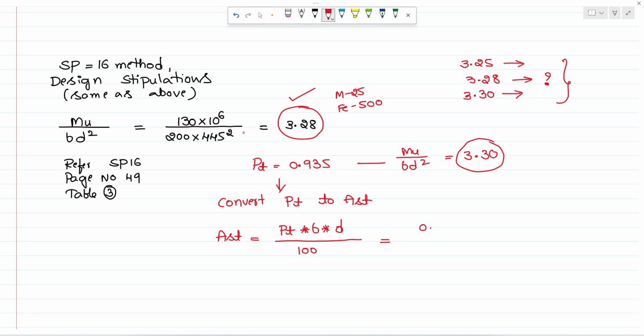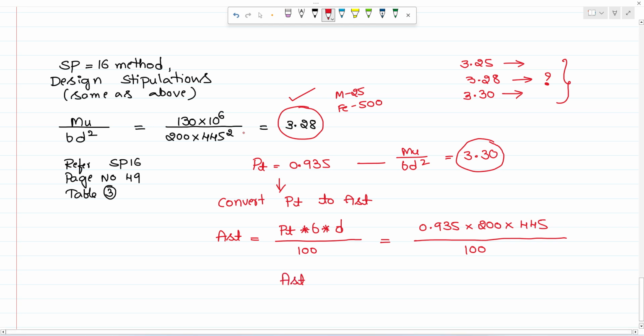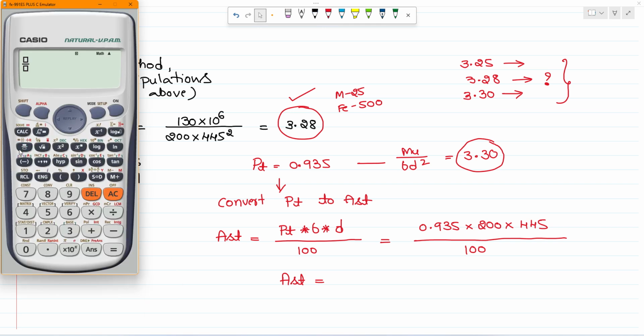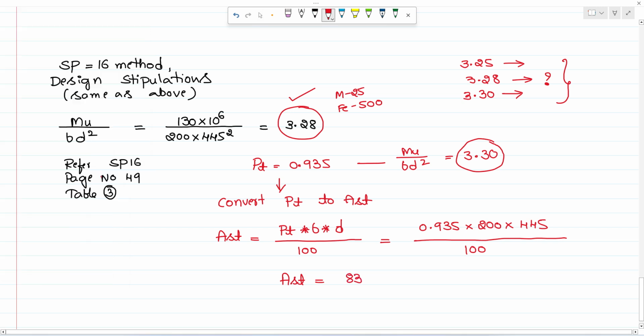So PT 0.935 multiplied by width of the section 200, effective depth I think it is 445, so divided by 100. So your AST it will be 0.935 multiplied by 200 multiplied by 445 divided by 100. So it is 832 mm square.